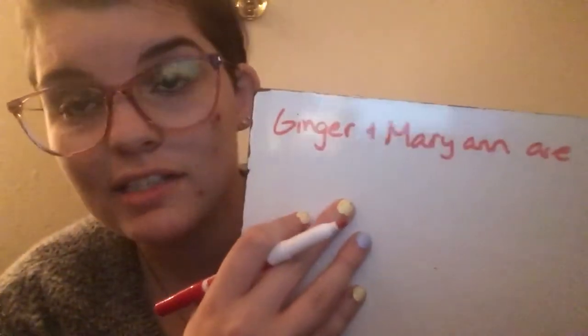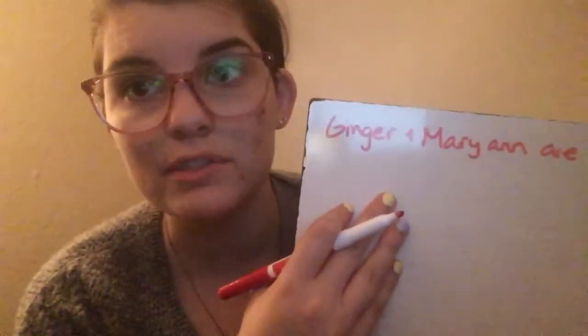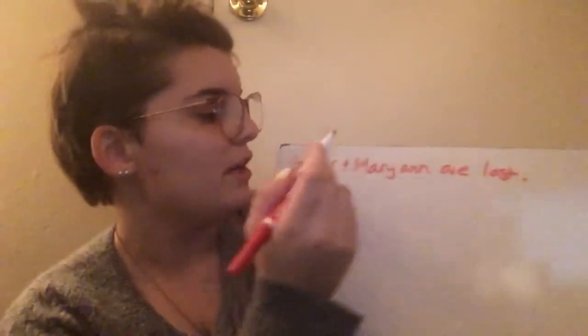compound subject. So ours is Ginger and Mary Ann are lost. That's never good. All right, so let's start out with our subject. In this case, subjects, because like I said, it's a compound subject. So we have two. What are our two?